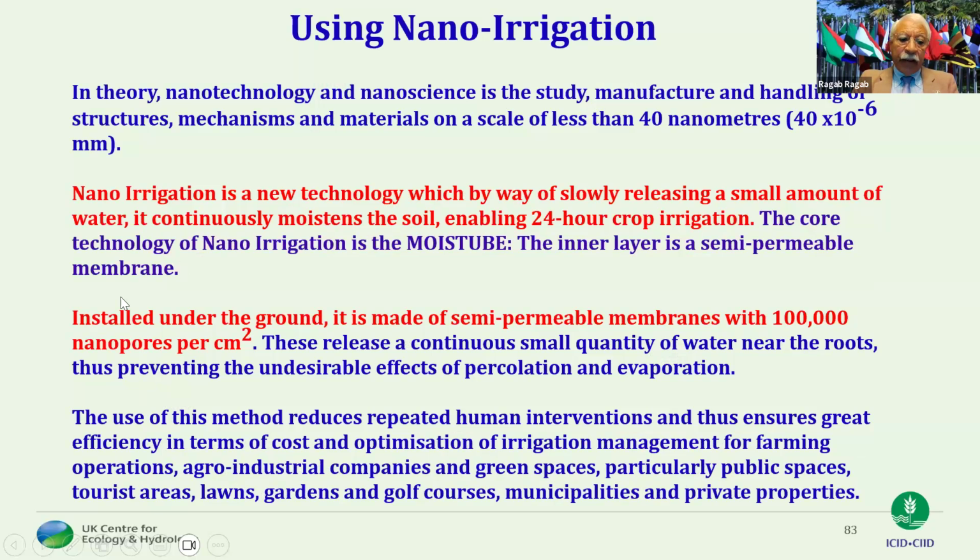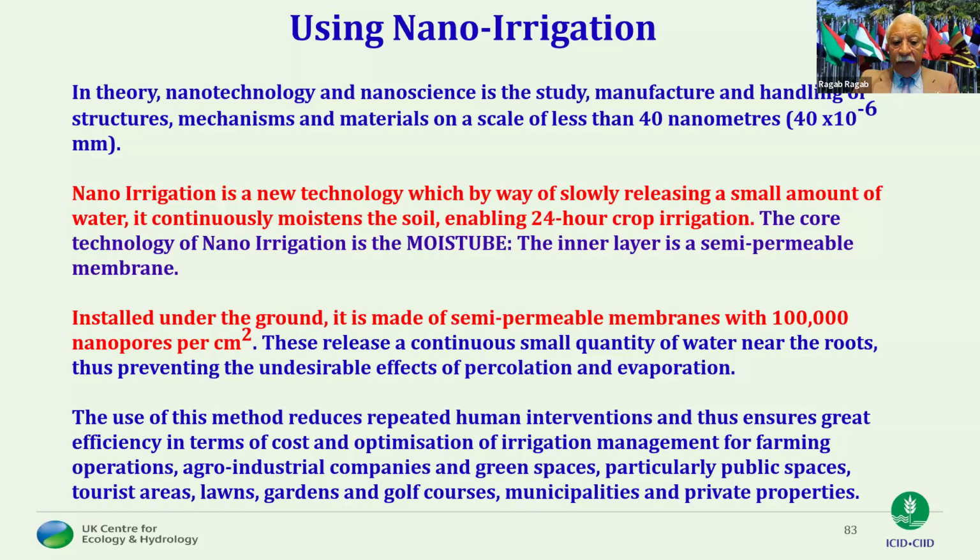Installed under the ground, it is made of semi-permeable membrane with 100,000 nanopores per square centimeter. This releases a continuous small quantity of water near the roots, preventing the undesirable effects of percolation and evaporation.